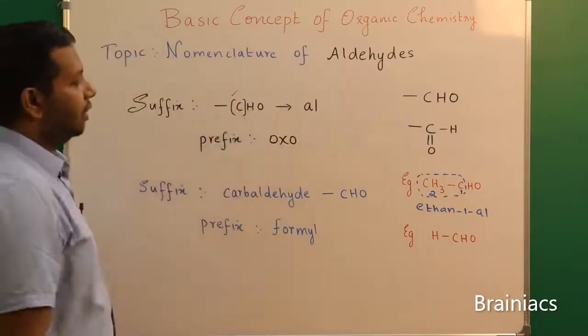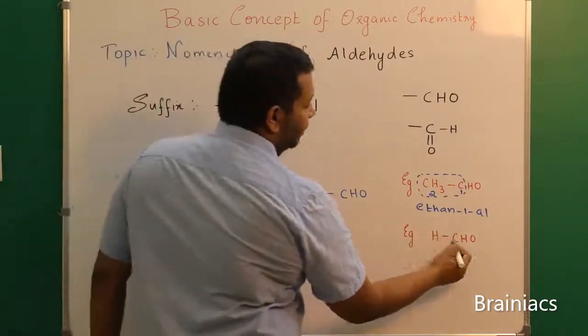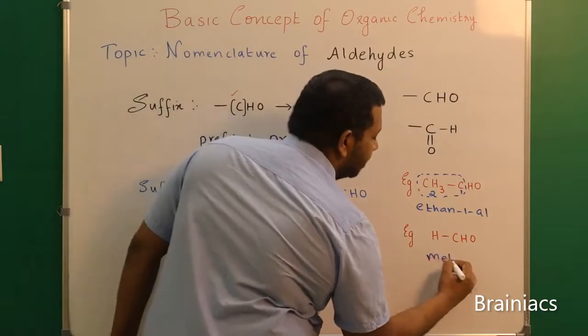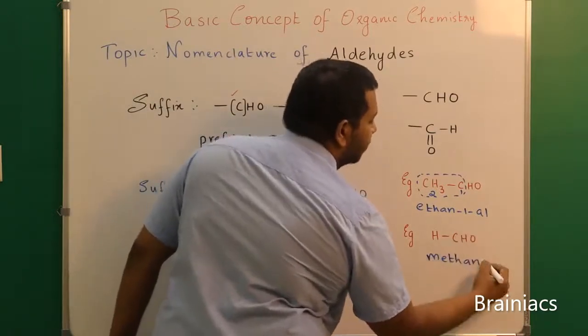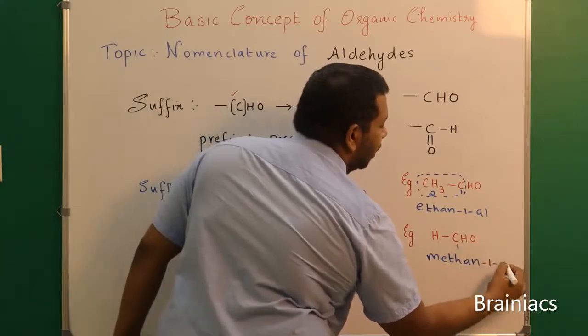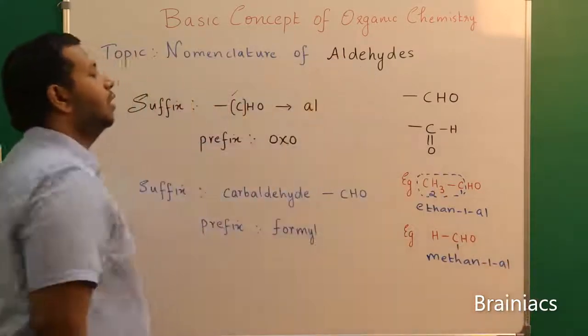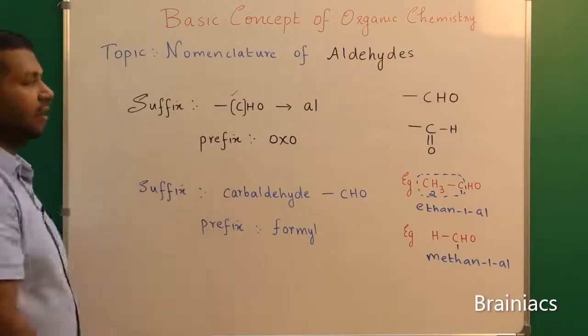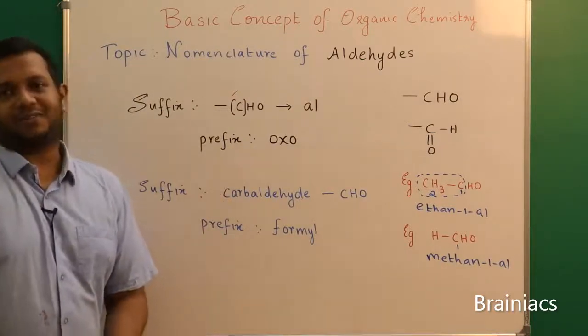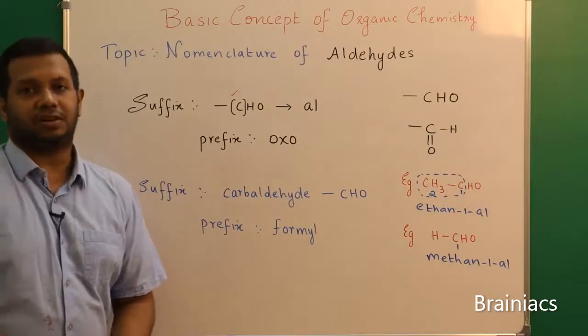Now here only one carbon atom is there, so I can say meth, only single bond, so methane, and at first position, methanal. Both are correct. I hope you understood the concept. Now we will try to do more questions. Then you will get a clear picture.